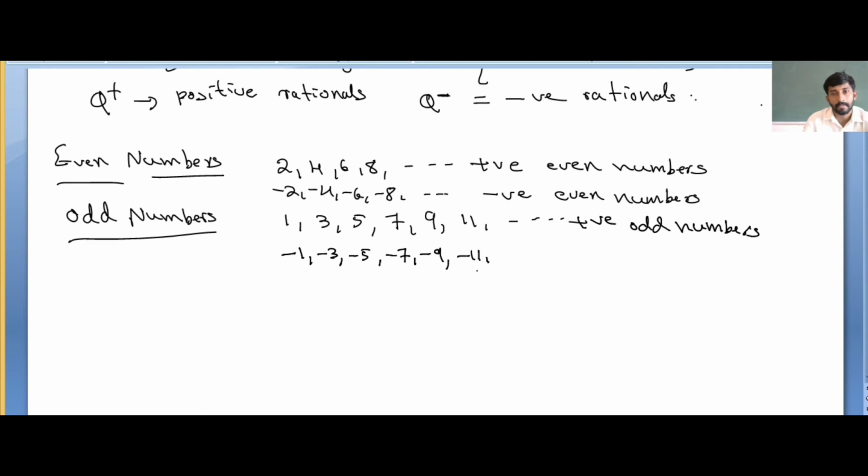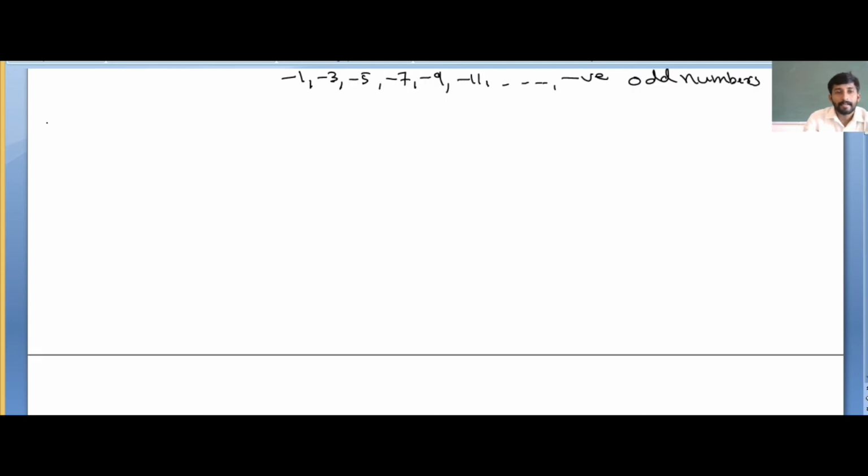Infinitely many numbers are there, so all these are negative odd numbers. Clear? Remember the condition: even and odd numbers may be positive as well as negative. Next is prime numbers, one of the important number systems.